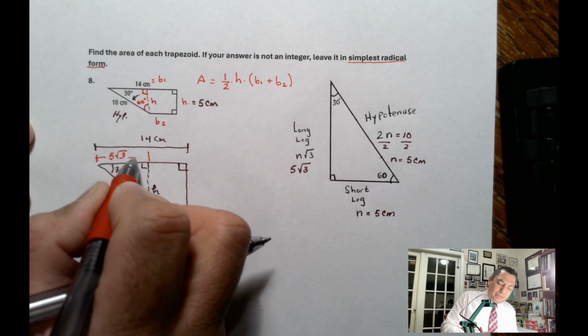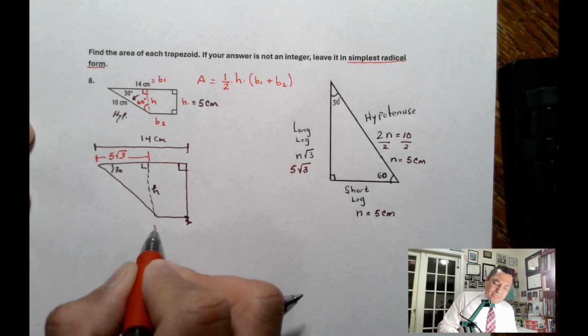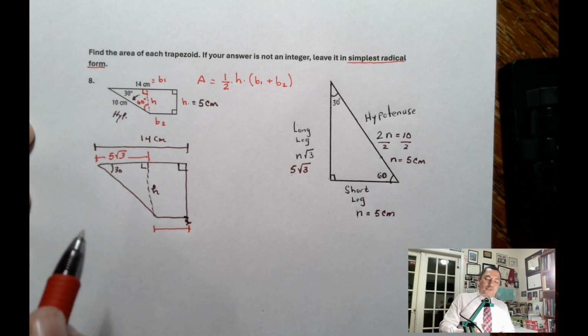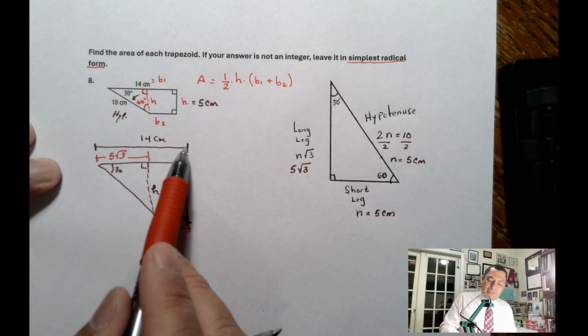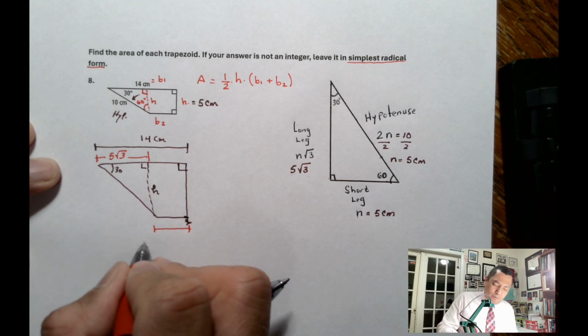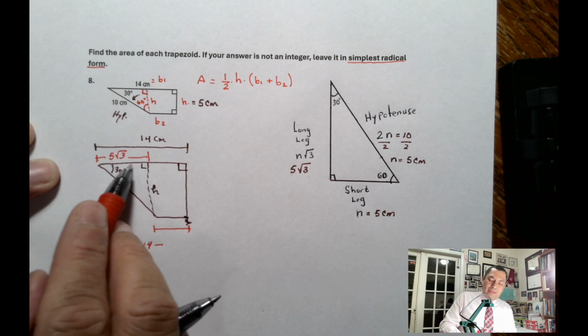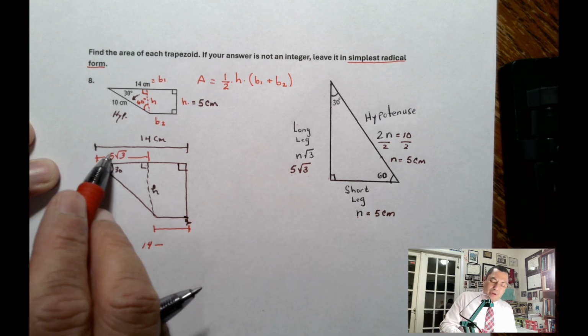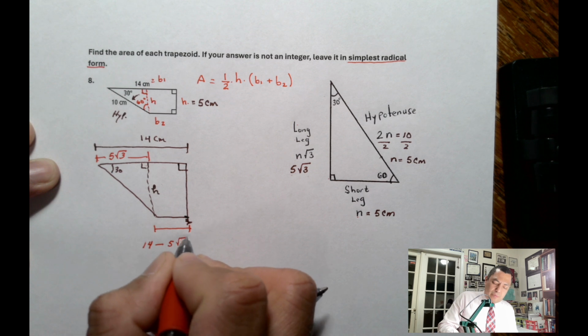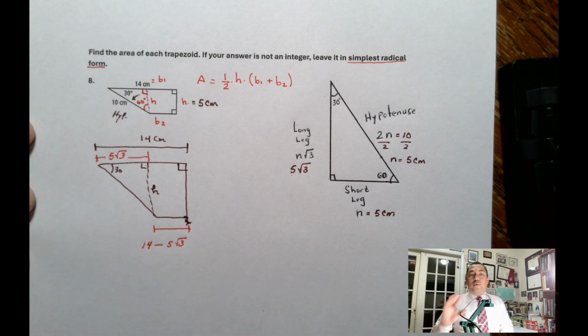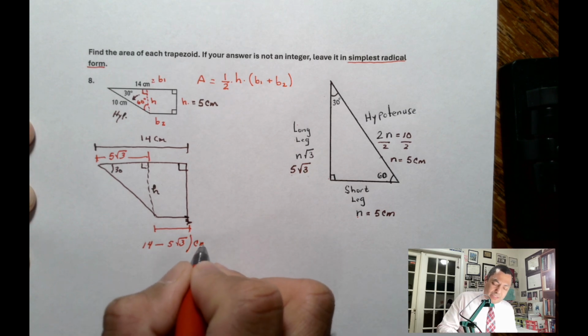So to find this base here, I'm going to do the whole segment given, 14, minus the long leg of my triangle, 5 square root of 3. We cannot do anything else. So I'm going to put a parenthesis here, in centimeters.